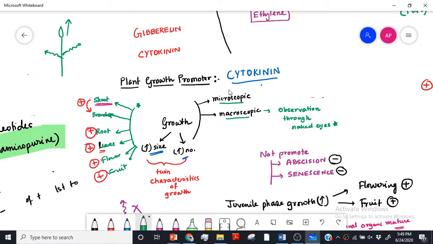Now cytokinins are not present in the shoot apex. They are present in the developing buds, and hence they promote branching. They don't promote shoot elongation, right? Understood?